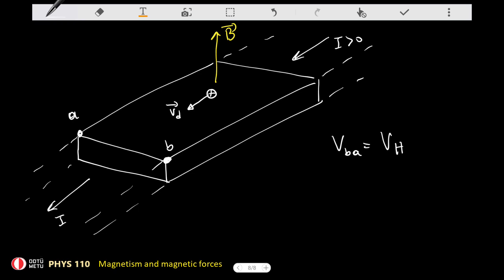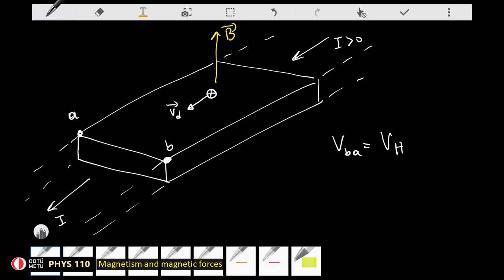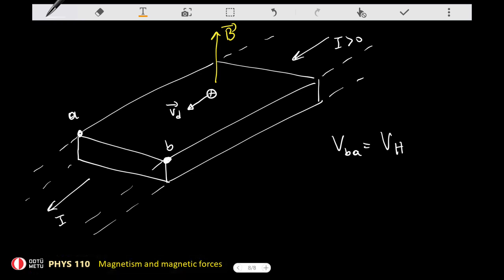Because of that, since it is moving inside a magnetic field, there is a magnetic force on it. I'm going to show the force with a white color. You can see that this force pushes the charge towards that side of the wire, right? So there is a magnetic force in here. Let me write F_mag.